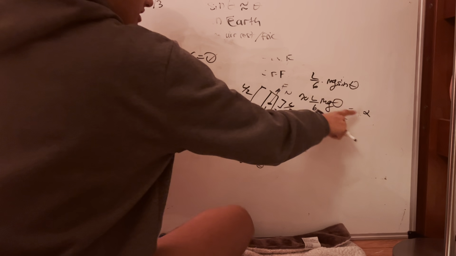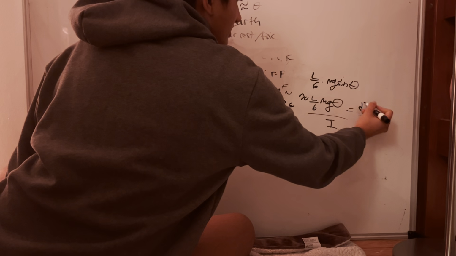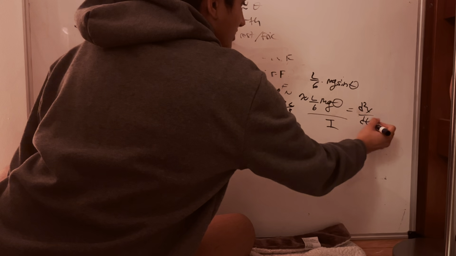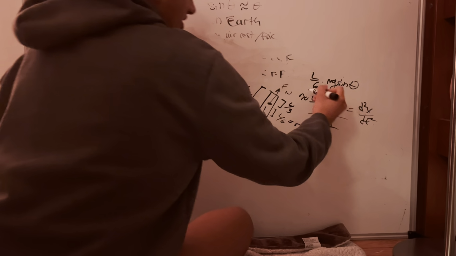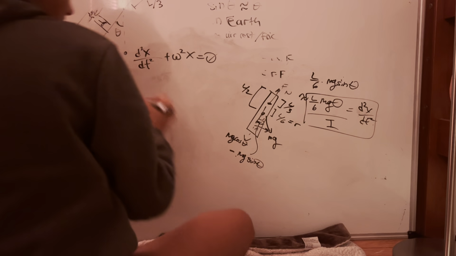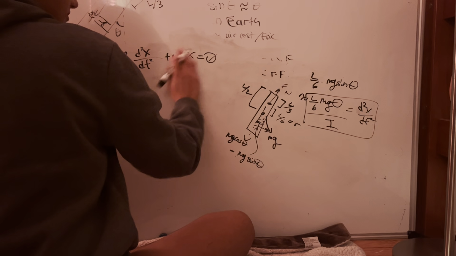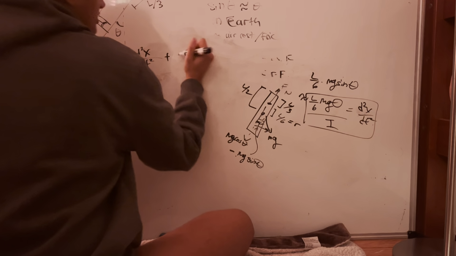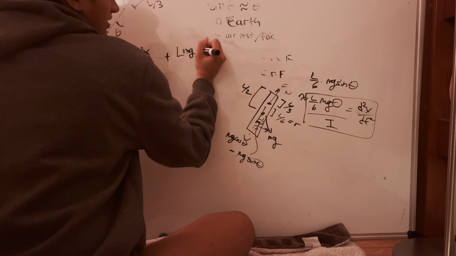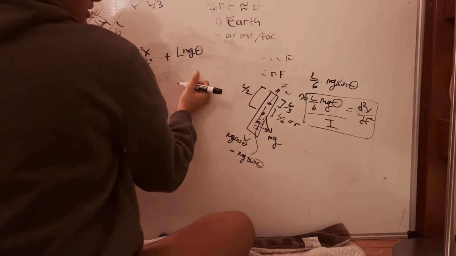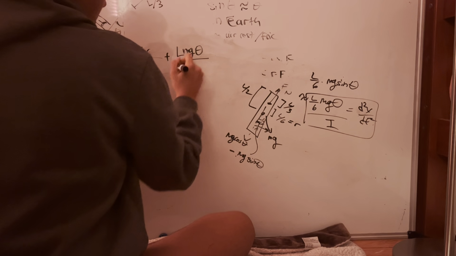And so over here alpha is just equal to d squared x over dt squared. We can rearrange this equation, and what we get is d squared x over dt squared plus L mg theta over 6I.